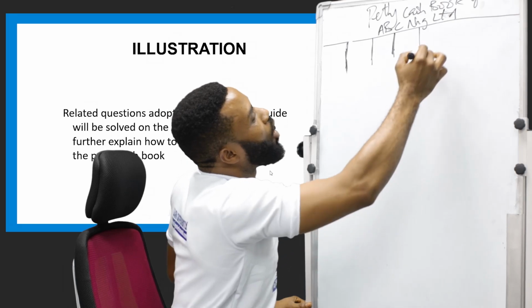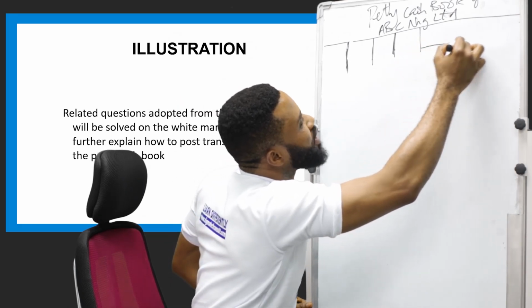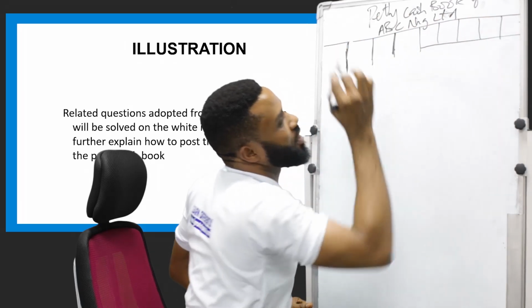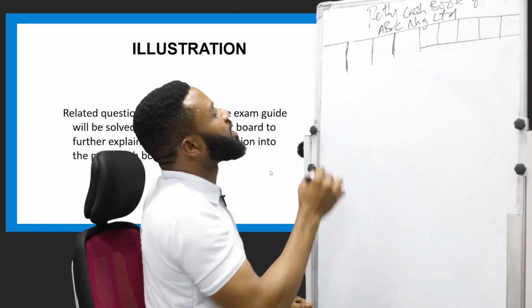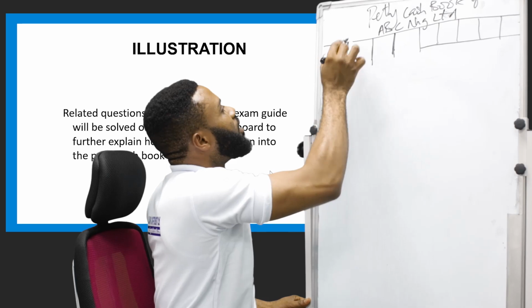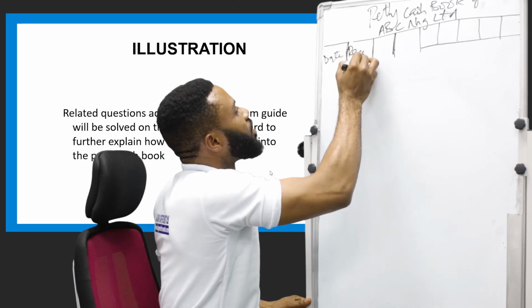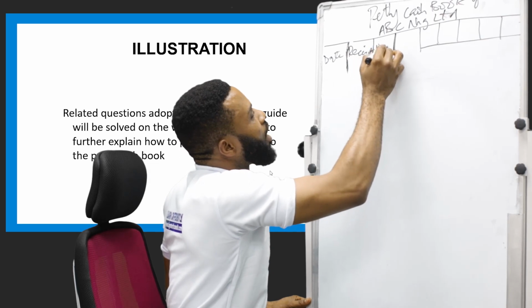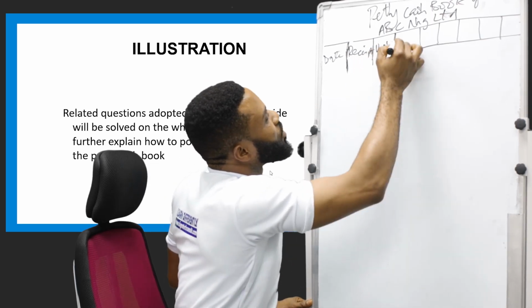And then all this from here down, depending on the number of expenses that are involved. Let's assume this is date, this is the receipt, this is voucher number, and then this is your total.